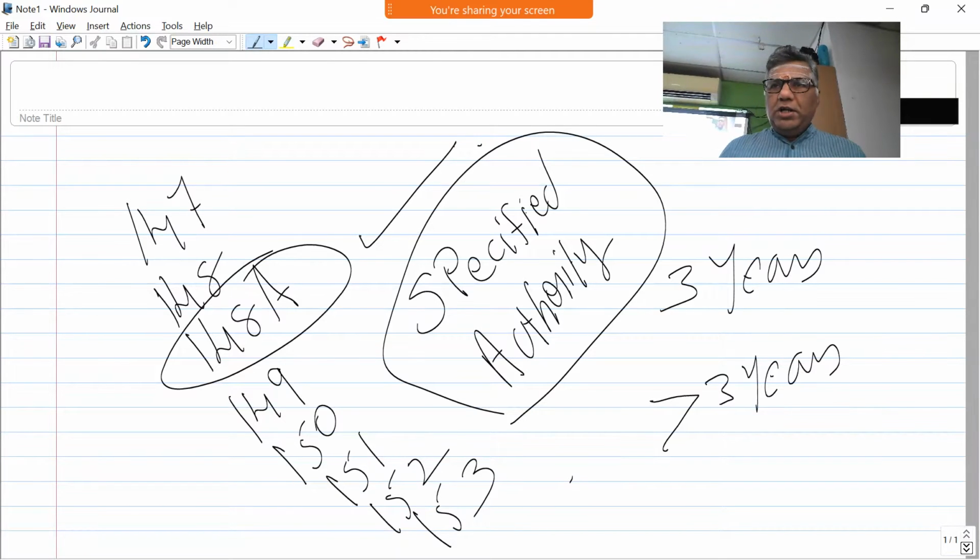One authority down is acceptable in some cases. We'll not go into those cases, but generally it is up to 3 years and more than 3 years. That is 151. So everywhere it is specified authority. Show cause notice, I have to issue through the specified authority. After issuing the show cause notice, I should consider whether I should drop the case or proceed with the case. So the terminology specified authority gets importance everywhere.